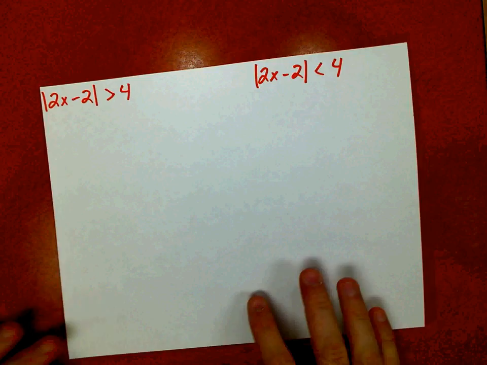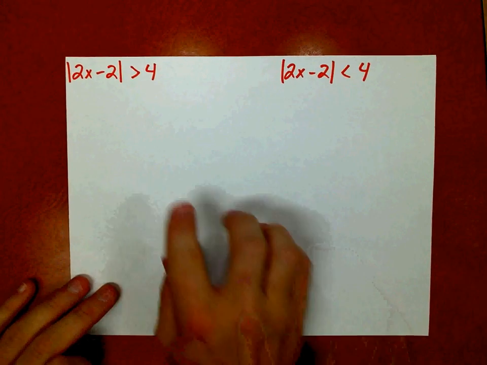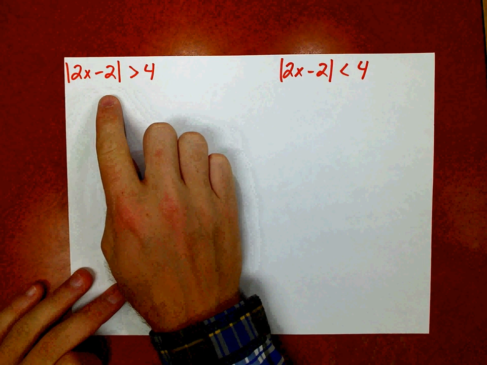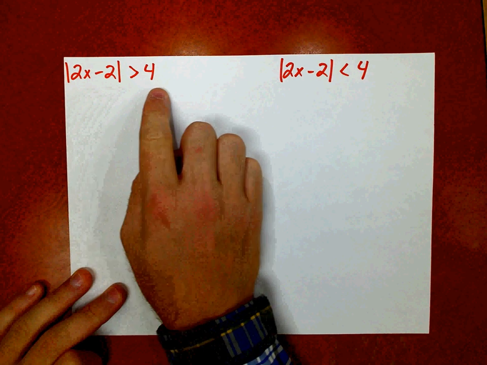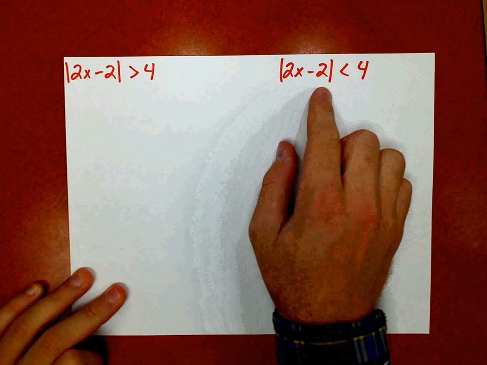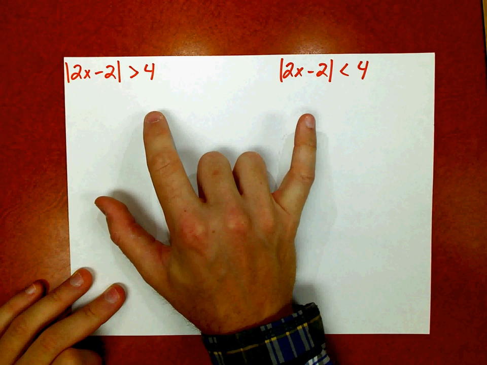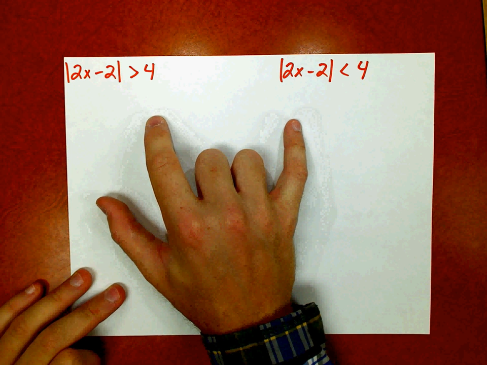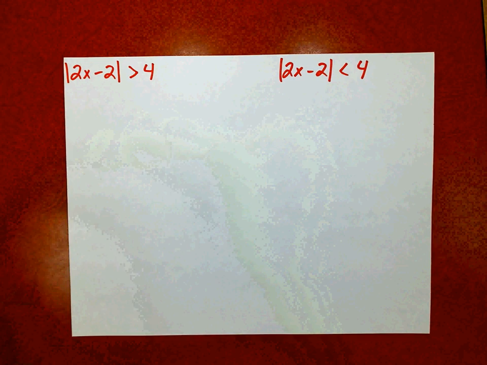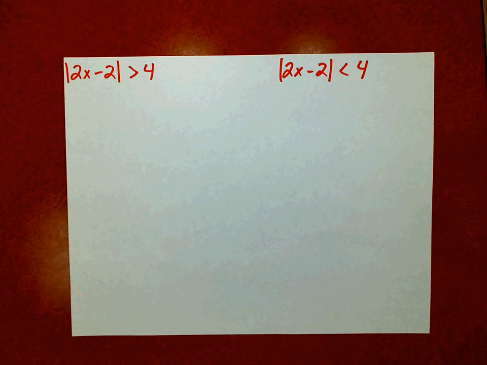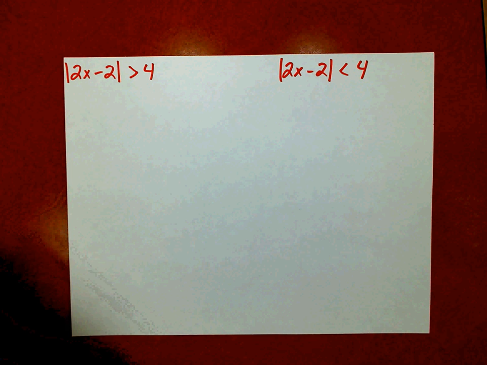So let's take a minute to look at the difference between the absolute value of 2x minus 2 is greater than 4 and the absolute value of 2x minus 2 is less than 4. Both are going to include a compound inequality as their solution. But how do we know whether we should be using the word "and" for an intersection or "or" for the union?